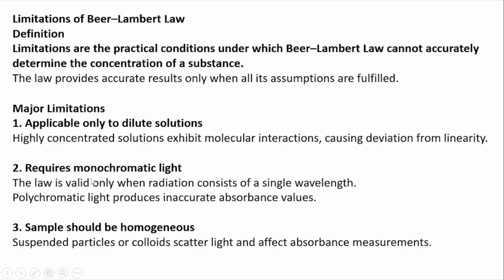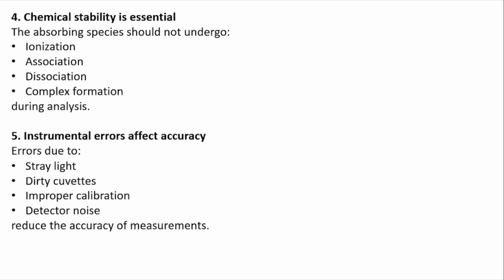The second limitation is the requirement of monochromatic light. The law is only valid when the radiation consists of a single wavelength, that is monochromatic light. Third limitation is a homogeneous sample. Any suspended or colloidal particle can scatter light, which can affect the absorbance measurements. Next, the fourth limitation is chemical instability.